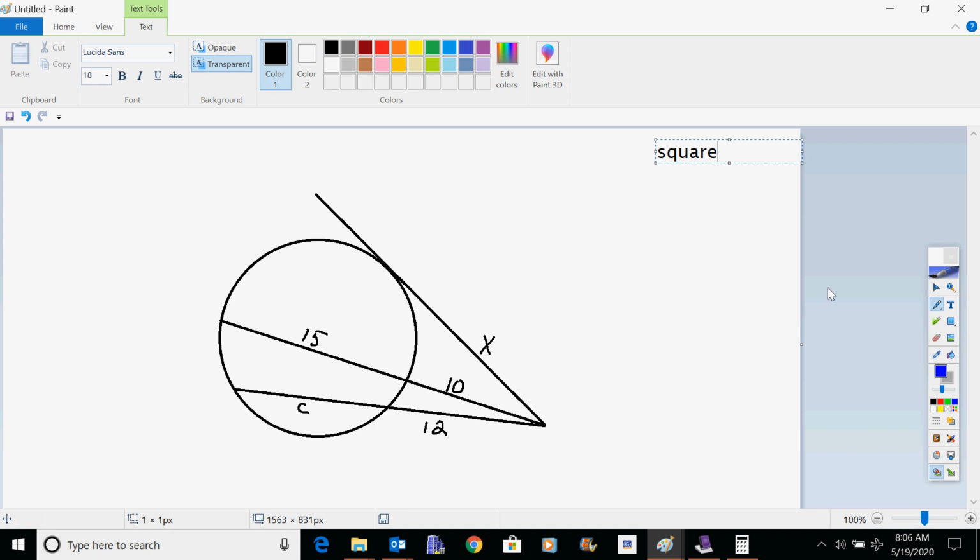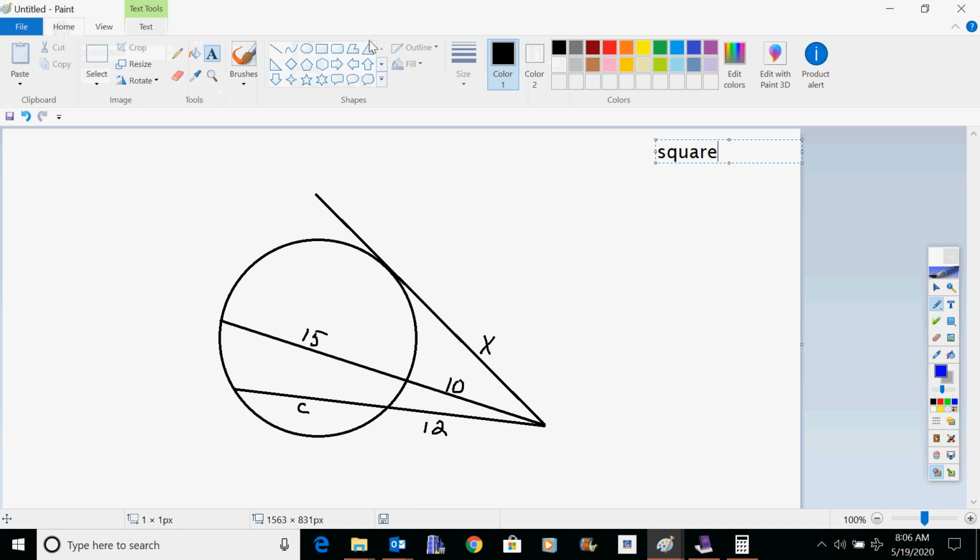Okay, so the fourth keyword is square, because when you're looking at this outer one, we want to find both x and c in this case. And we're trying to find x, it's the square of this product. And when we are trying to find c, it's like the things that we were just doing a minute ago. So let's start off with finding x. Okay, so when we do that, because this is a tangent line, it's not a secant, we have a little bit different.